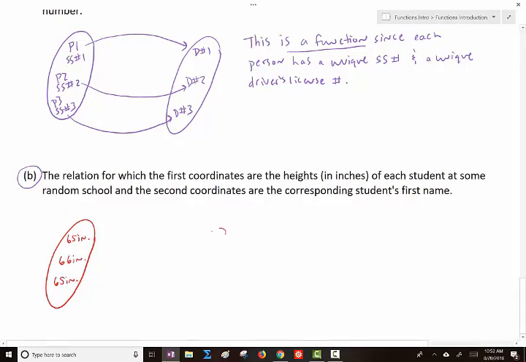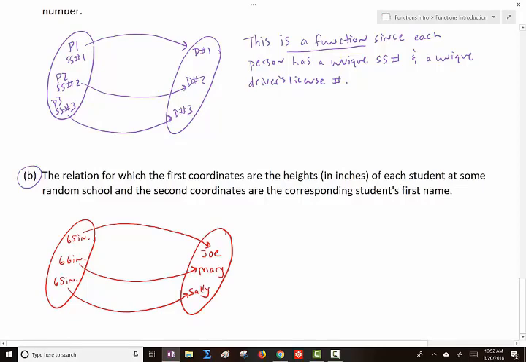So we can imagine that in this situation, a person who's 65 inches tall, which is 5 feet 5 inches, maybe that person's name is Joe. A 66-inch person, perhaps, is Mary. And another 65-inch person is, I don't know, Sally.